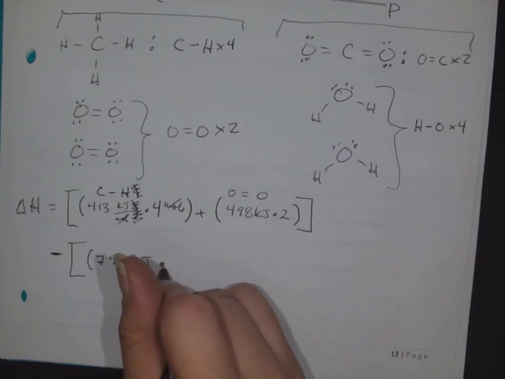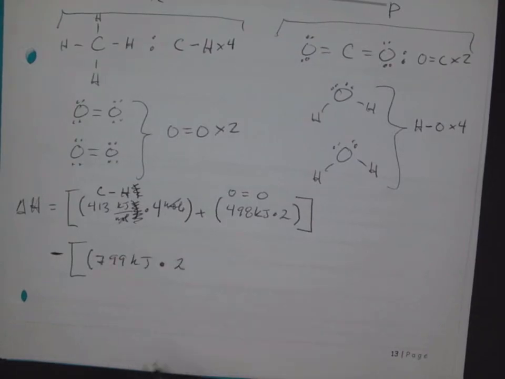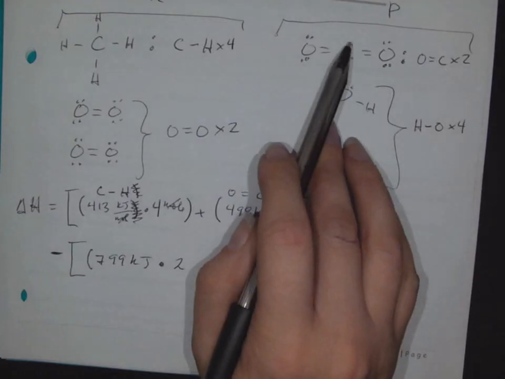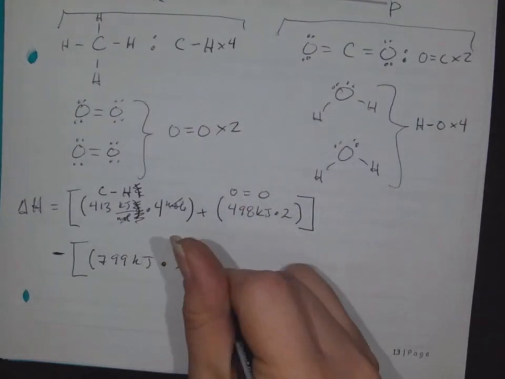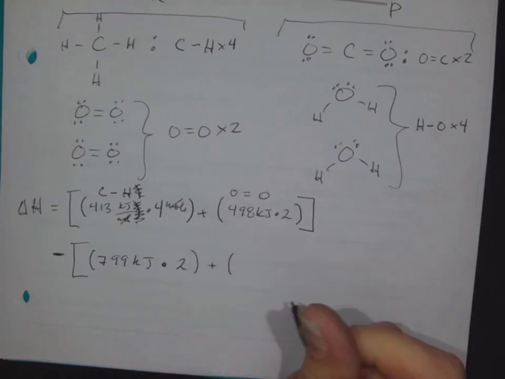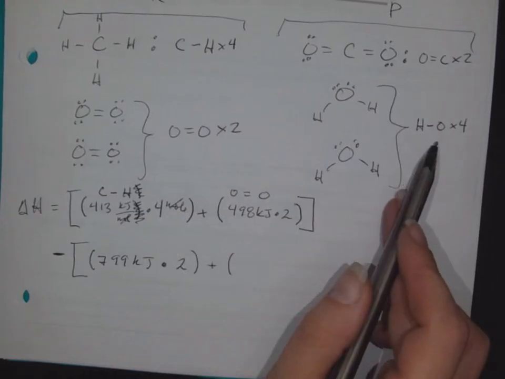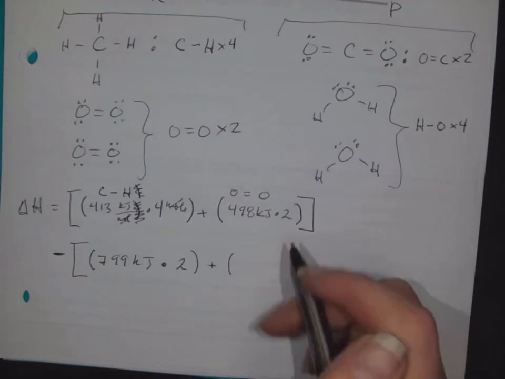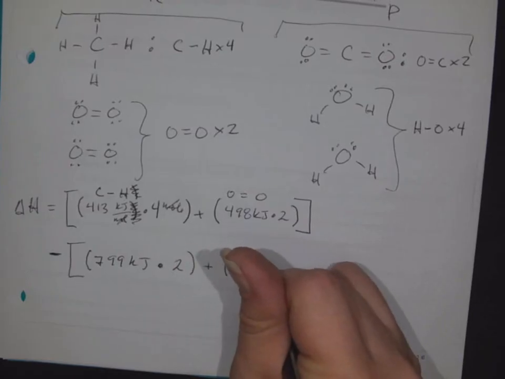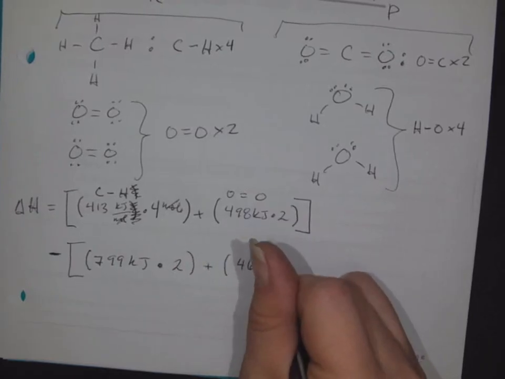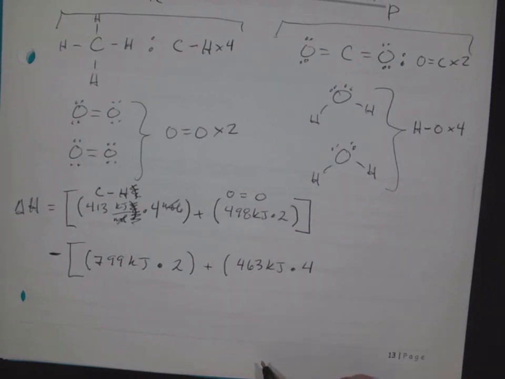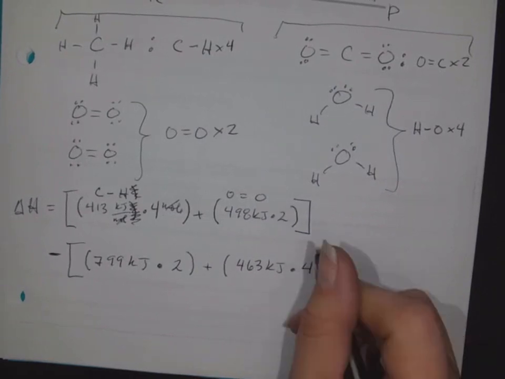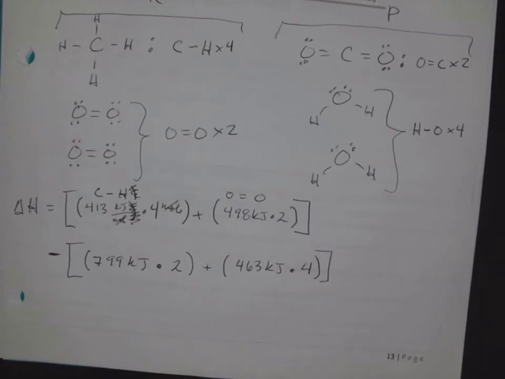But we're going to multiply this by 2 moles, or 2 times that this bond is formed. And then I'm going to add that to the hydrogen single bonded to oxygen. That is 463 kilojoules per mole, but this happens 4 times, or 4 moles worth of those bonds. And that's all of those.